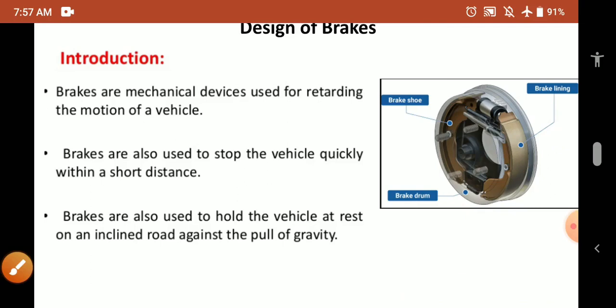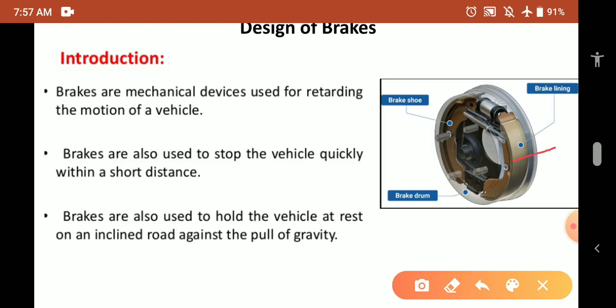When we apply a certain force and actuate this brake, the brake lining will move in the outward direction and comes in contact with the brake drum, and finally this rotating motion or energy is absorbed here.